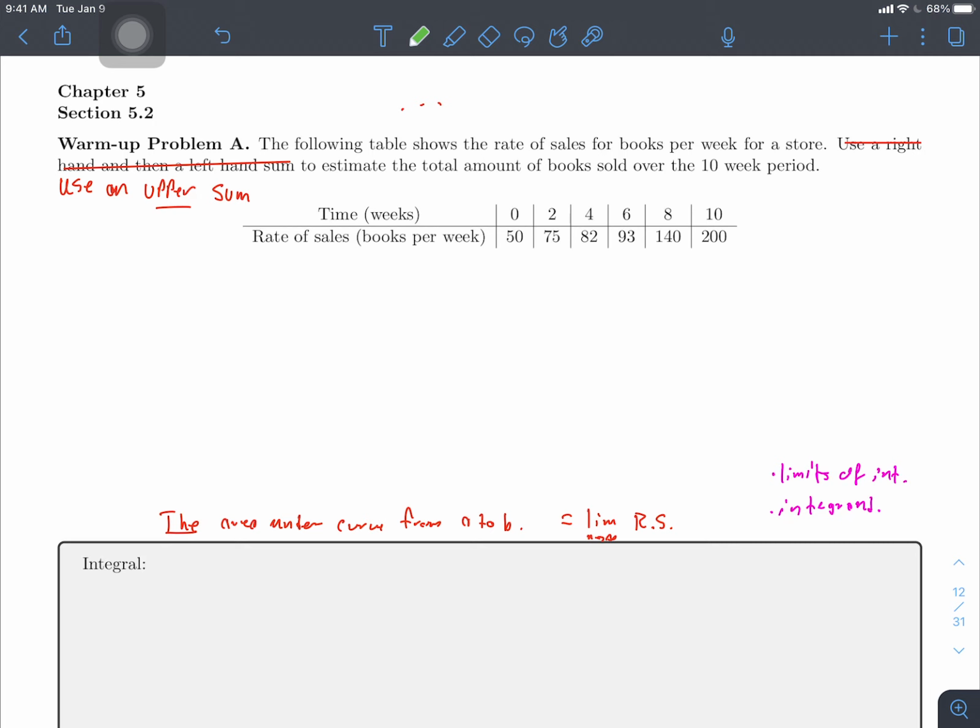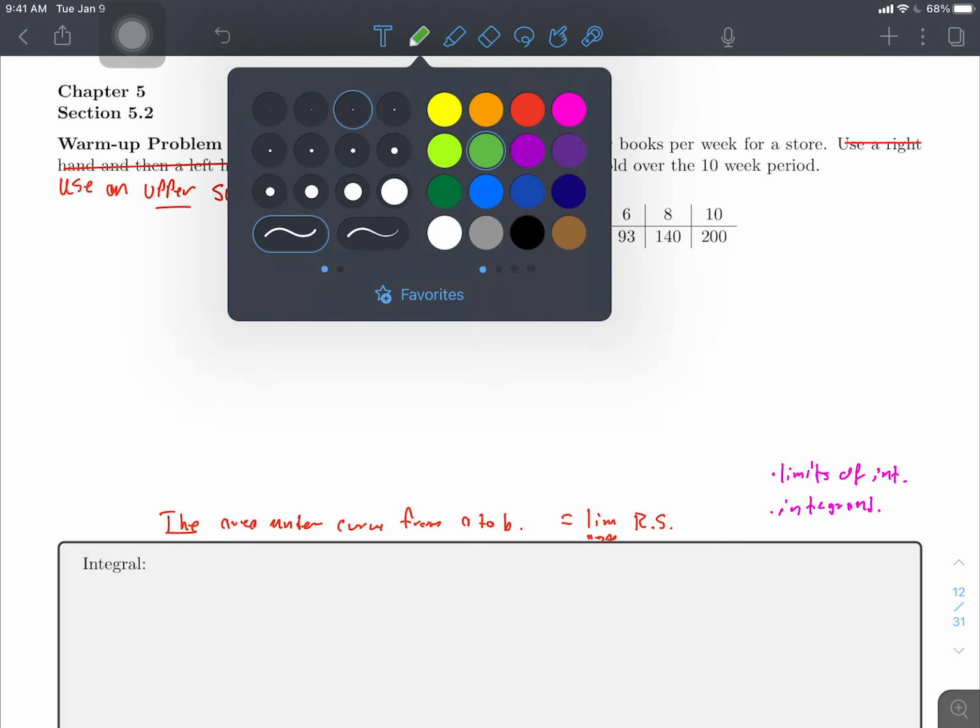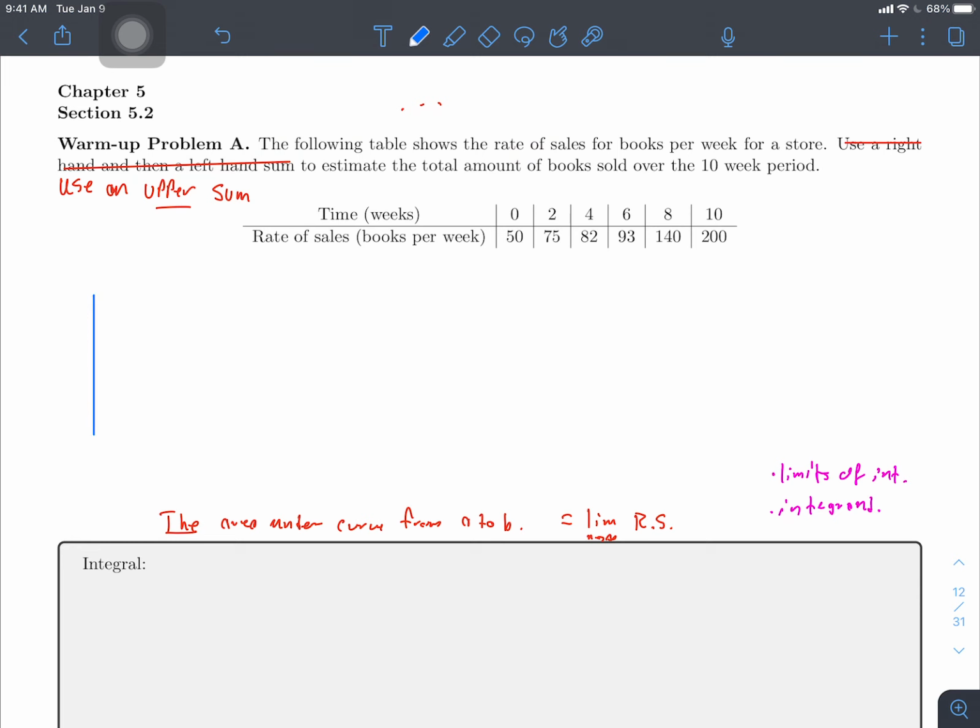In this situation, they don't give us a graph, they don't give us a function, they just give us a table, right? But we can see what is the rate of sales on the left and right side of each subinterval. So I think maybe a good way to start this would be to draw a picture and try to understand what's happening here.